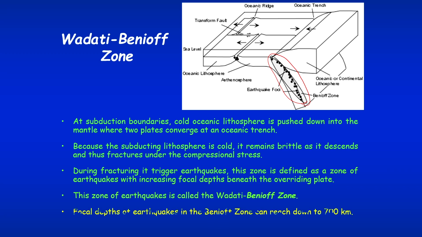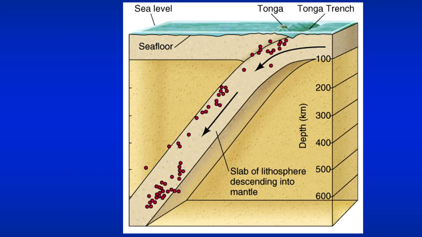And the earthquakes can go as deep as 700 kilometers. So, this again shows that you will come across deep earthquakes which go below 700 kilometers, intermediate earthquakes, and you have shallow earthquakes over here.